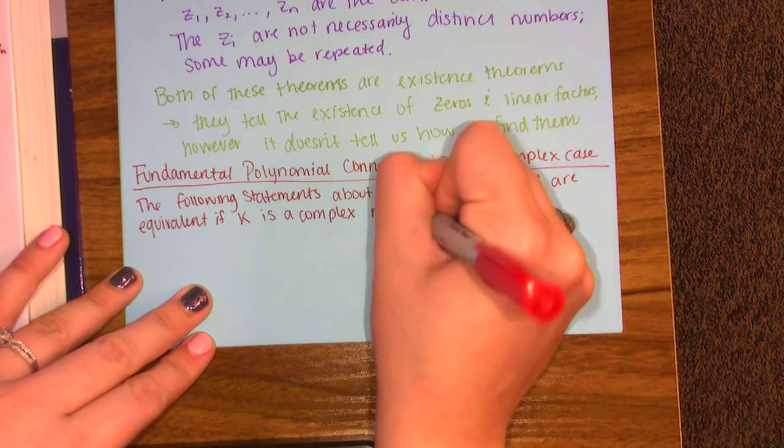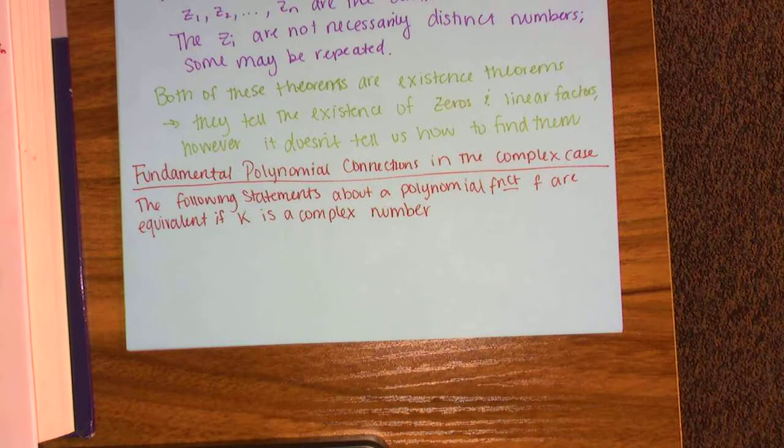And what is the standard form of a complex number? a plus bi. Is that right?